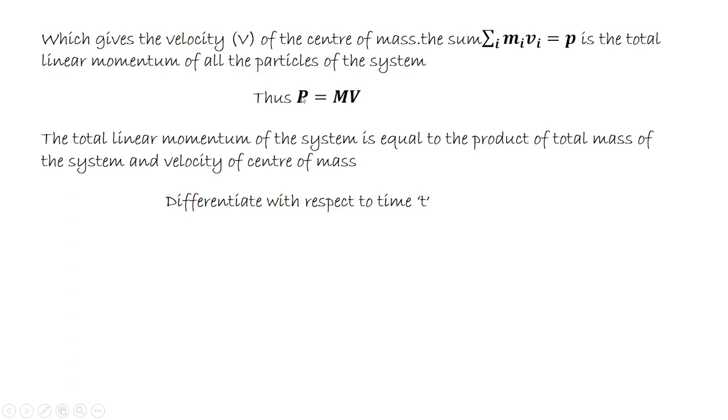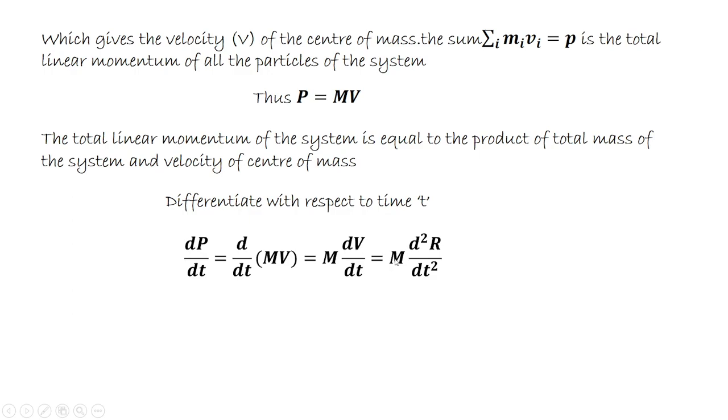Now I am going to differentiate P equal to MV. Let us see what will happen. So dP divided by dt, linear momentum MV, and M is constant with respect to the t derivative.